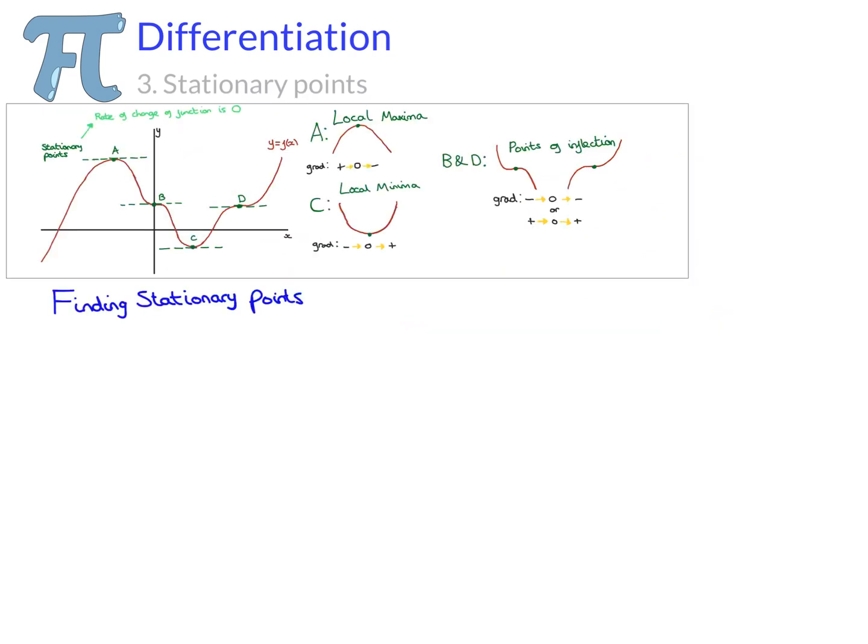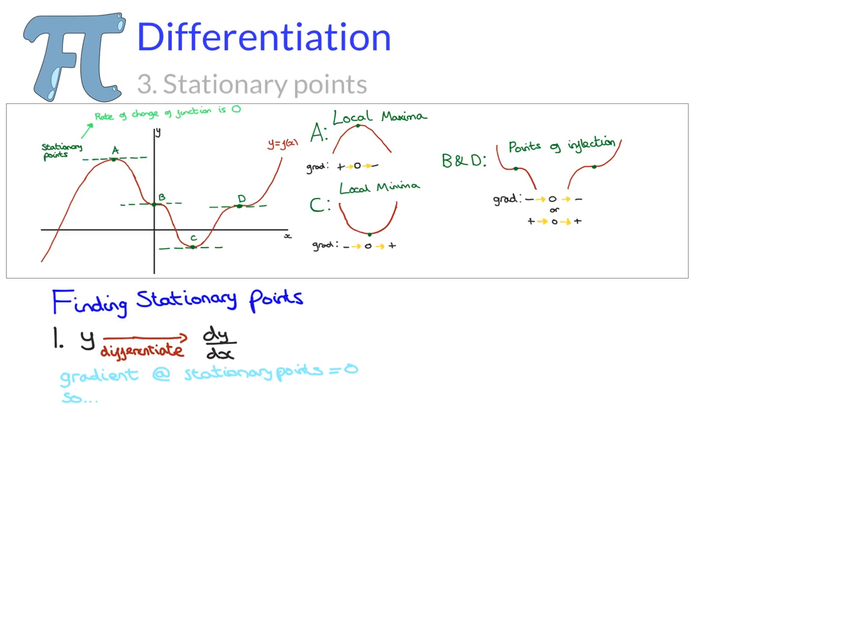The next question is, how do we go about finding the stationary points of a function? Here is where we use differentiation. We know that when we differentiate a function y, we get a new function, dy/dx, which tells us the gradient of the original function at any point.